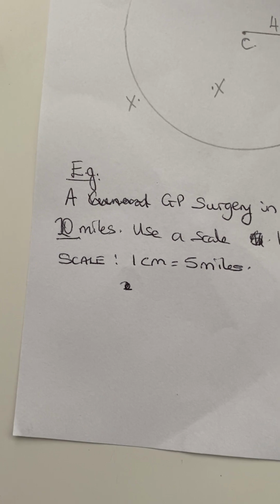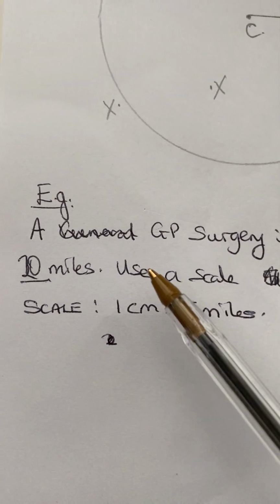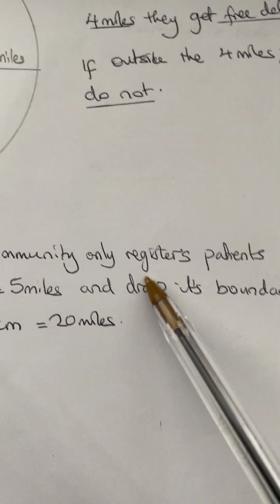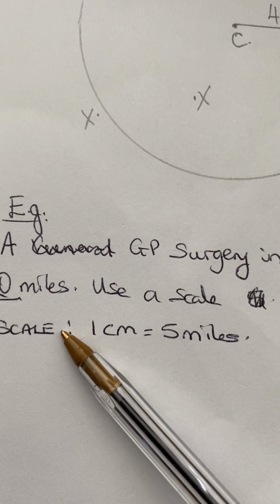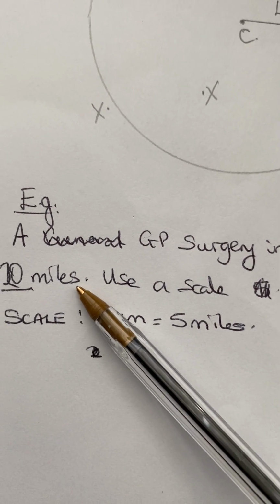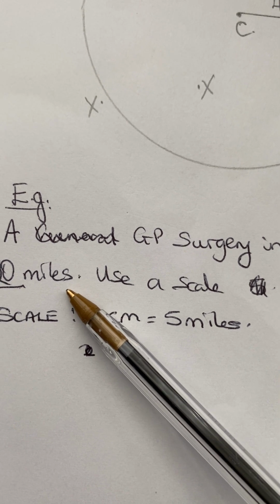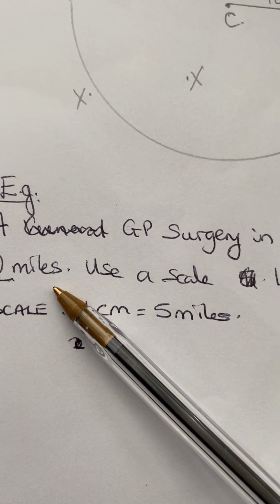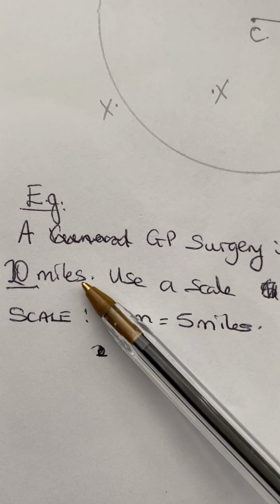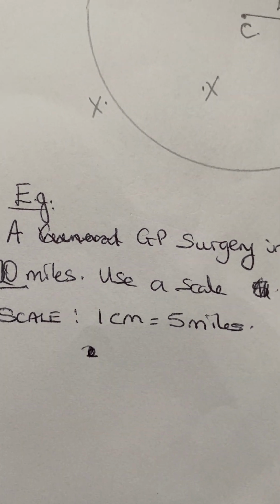Now let's look at the next example. A GP surgery in a community only registers patients up to 20 miles. You can understand that because if someone is incapacitated or immobile, the doctors, nurses or health workers might have to deliver home services.